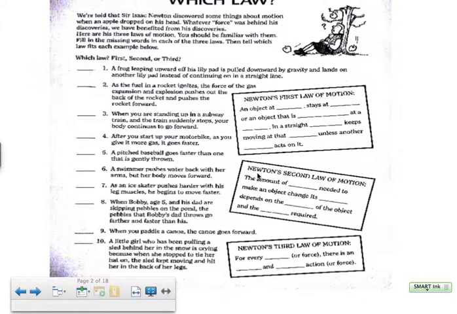If you look at the first box, really quickly because I want to fix something on there. It says an object at blank stays at blank, or an object that is blank at a blank.